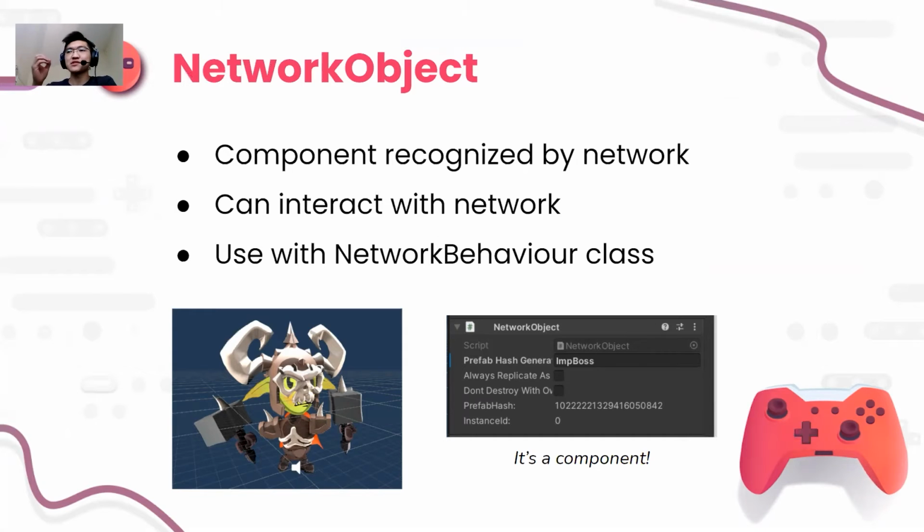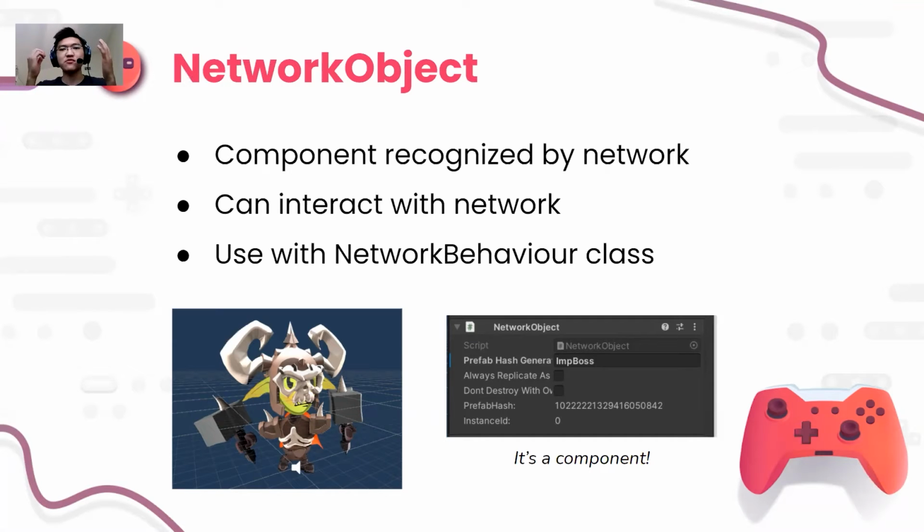This is a component, right? This is something that you can drag onto any game object in your Unity scene. And the idea with this component is that it serves as the identity of a given object on the network. So anything that interacts with the network has to have a network object component attached to it, because the network object allows the network to communicate with whatever is on the game object that it's attached to.